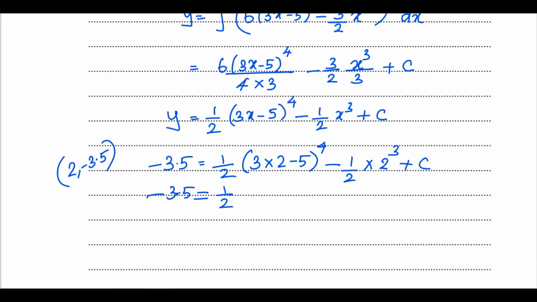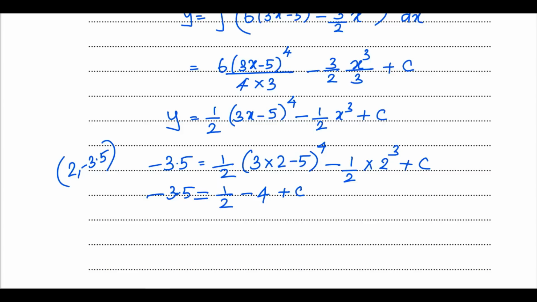So half multiplied by 1 minus half multiplied by 2 cube is 8, 8 divided by 2 gives 4, plus C. Half minus 4 gives negative 3.5.